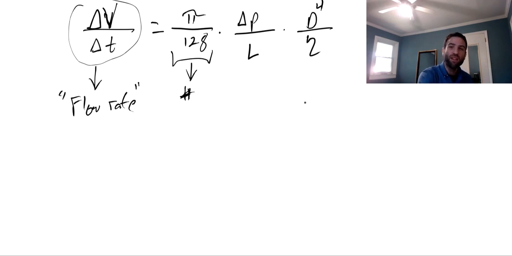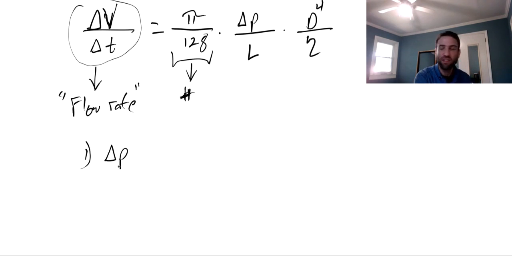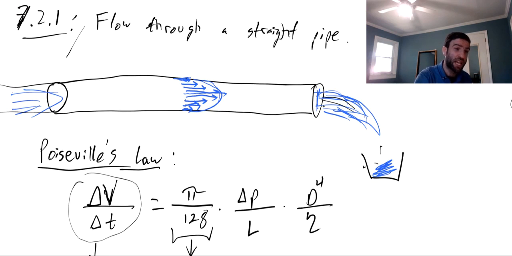Okay. So the first thing is we have this delta P, this change in pressure, right? So what this equation tells us is that the flow rate is proportional to the pressure difference between the start and end of the pipe. That's what this delta P means. Now, this kind of makes sense, I would say. The pressure gradient determines how hard the water is being pushed. If this end of the pipe is open to the air, that's at atmospheric pressure.